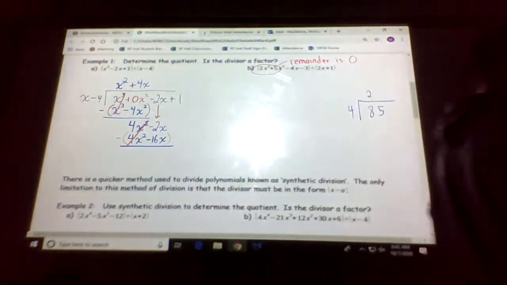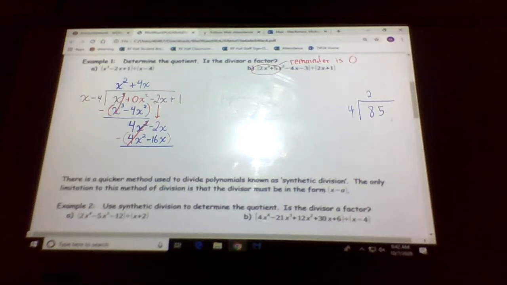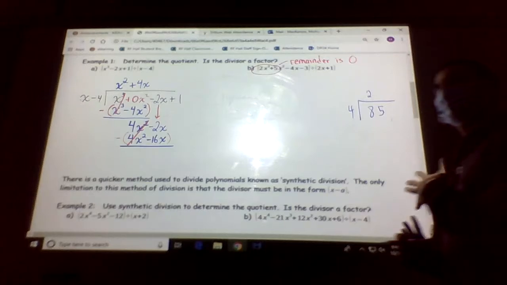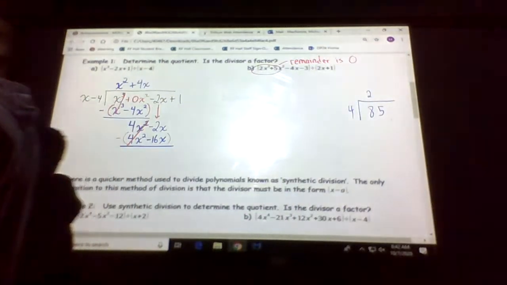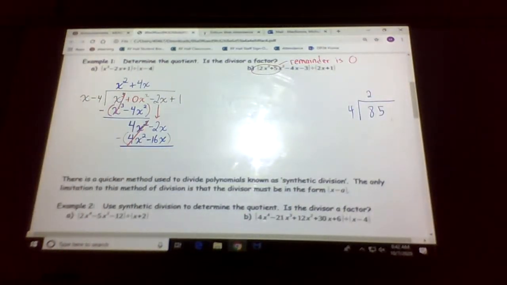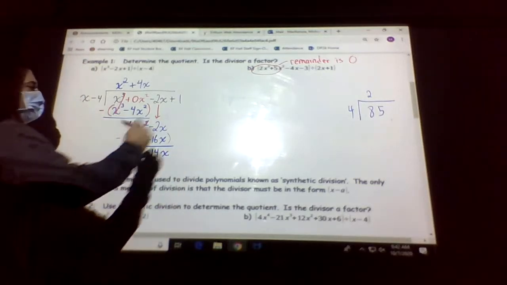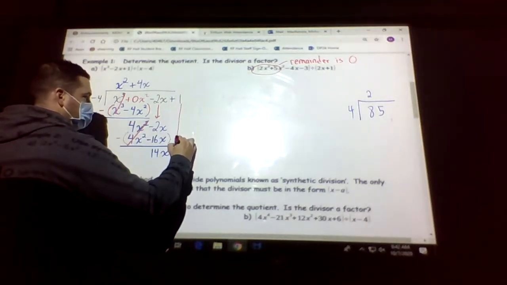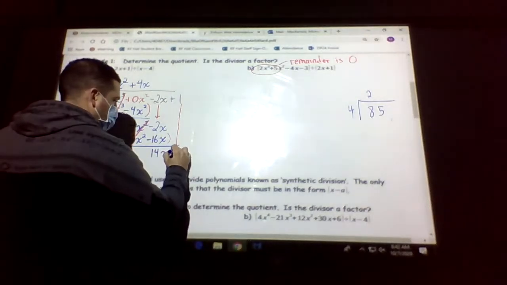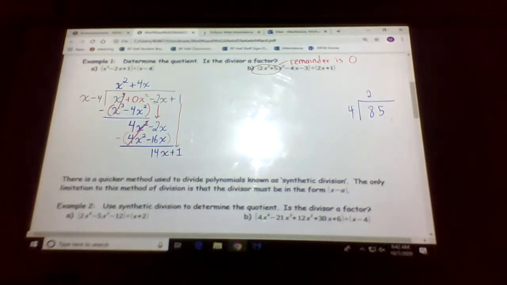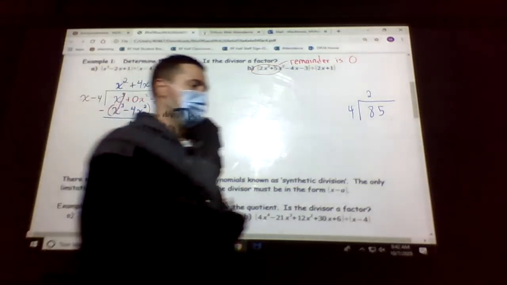Negative 2 minus a negative 16, which is negative 2 plus 16, or 16 minus 2, is 14. Good, 14x. Now our last step, we bring down the 1. And now we repeat the process: multiply, subtract, carry down.